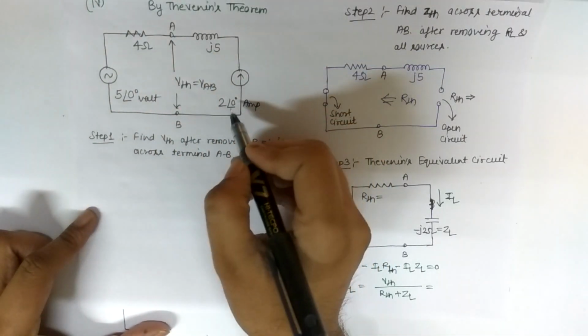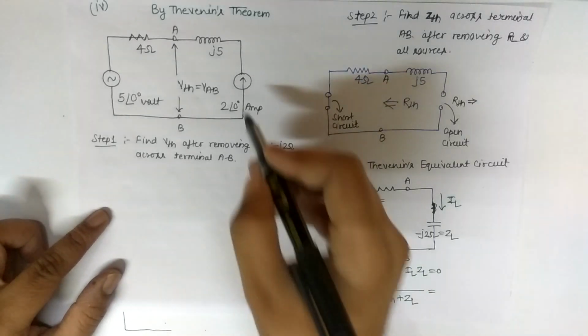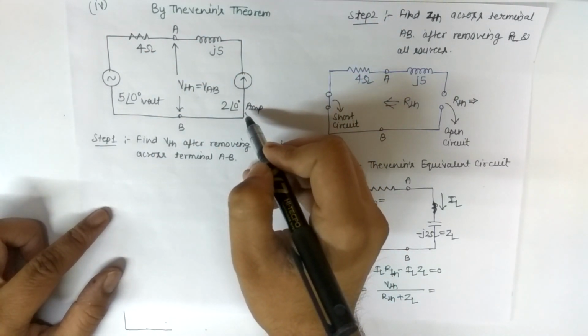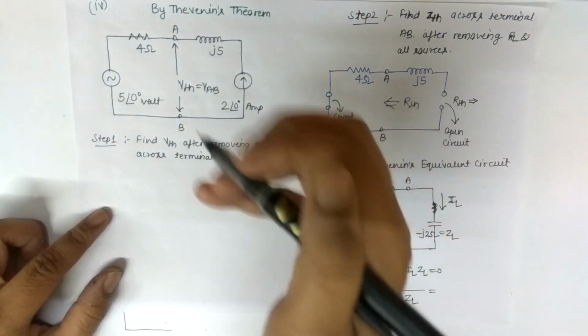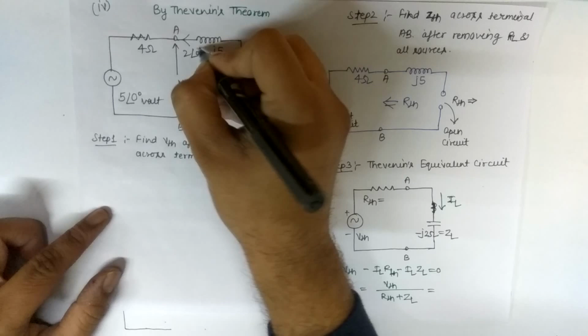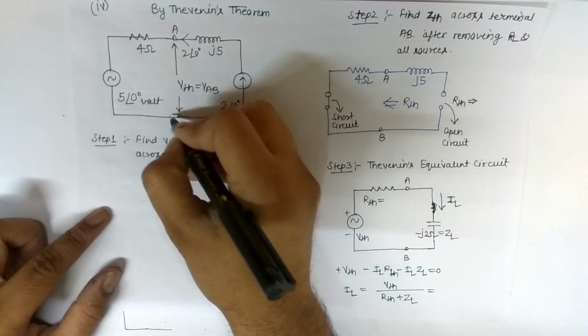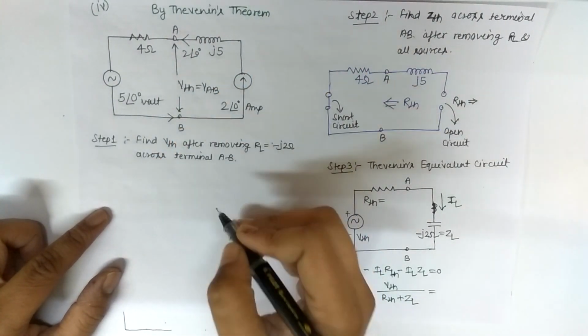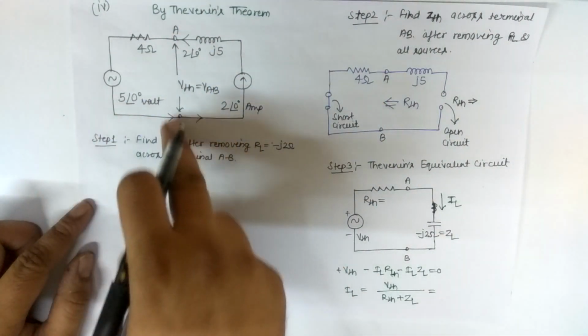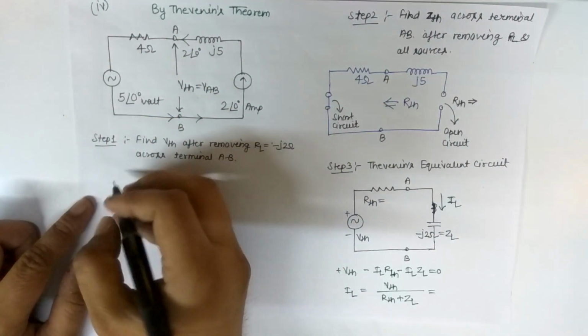So we know that current in this whole circuit is 2 angle 0 degree because there is a current source, means here this current 2 angle 0 degree is entering, and here this is leaving. So first of all make this half part here.